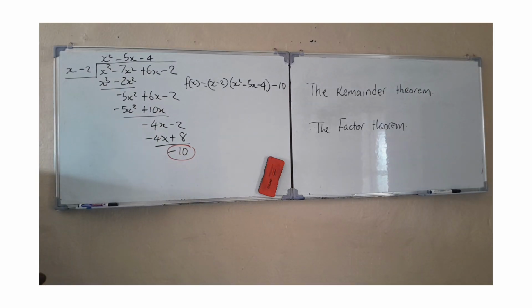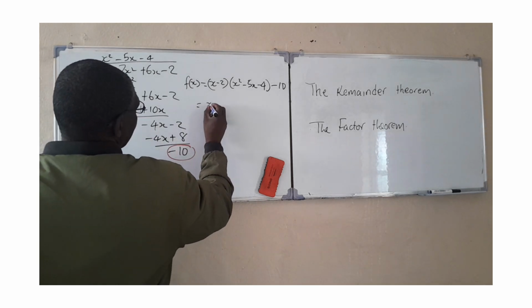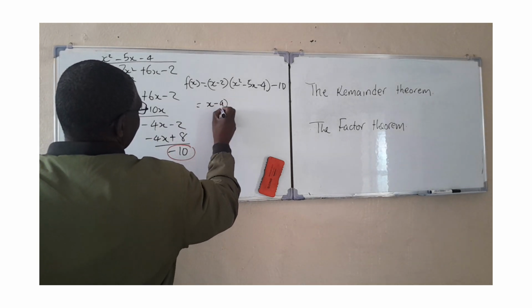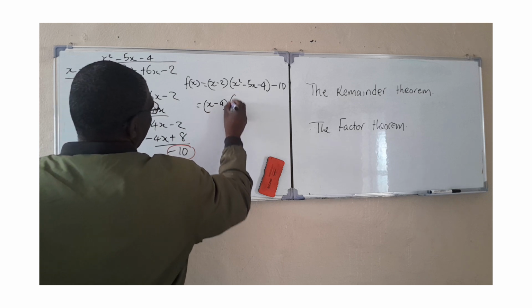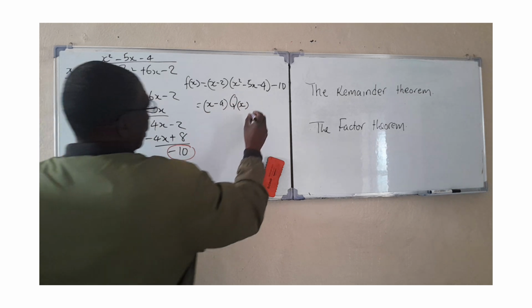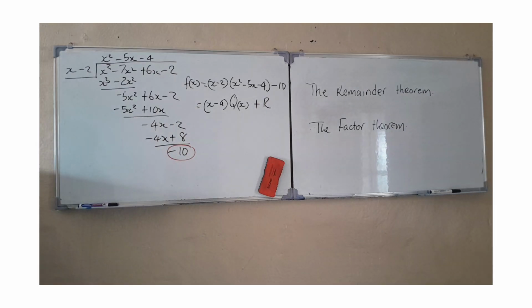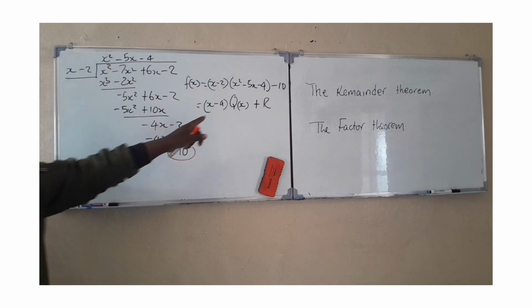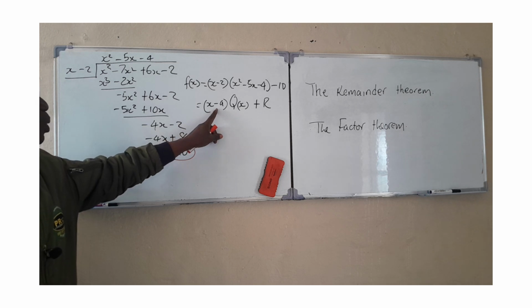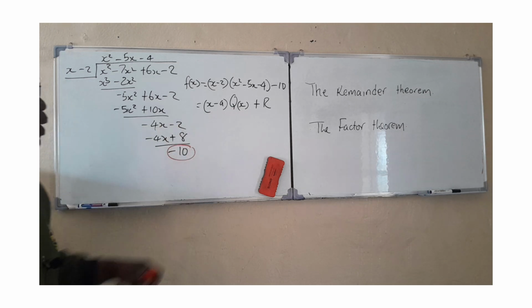So in general, of course, we can write f of x is equal to x minus a multiplied by some quotient q of x plus some remainder. Okay, so f of x, when we divide it by x minus a, is going to give us a quotient plus a remainder r.